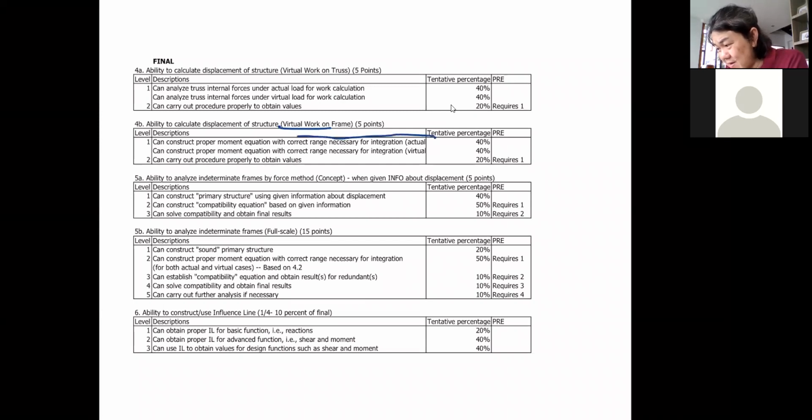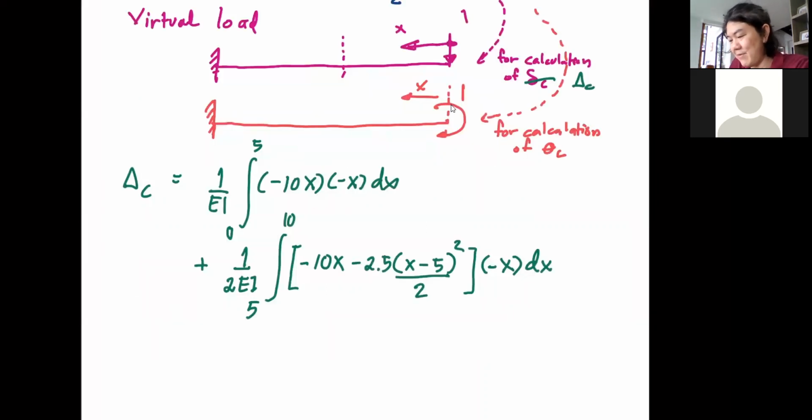If you can construct the proper moment equation with the correct range and stuff, you already got 80%. So I underline the importance of using the engineering knowledge to come up with a proper expression for integrals. If you can carry out the integral, it's 20% more on top. So if you are not excellent in handling mathematics, up until this and everything is correct, for virtual work, this is already 80%.